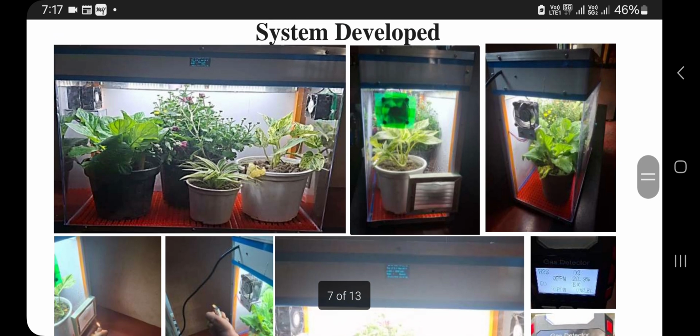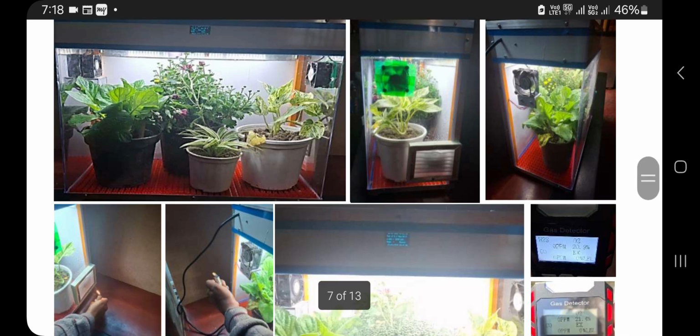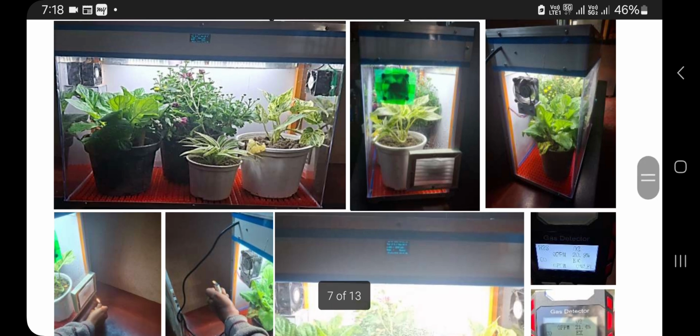So for this problem we have prepared a basic prototype of the system where we put the plants inside, and from one way the air gets inside the system and from another way the air goes outside. The plants kept inside are capable of detoxifying the toxic agents.